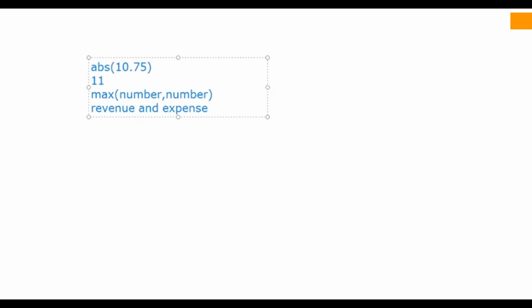Between the revenue and the expense, whichever is maximum, it is just going to display that one. Suppose I give max of 78 and 95, 96, then it is going to give me the result as 96. That's the maximum.